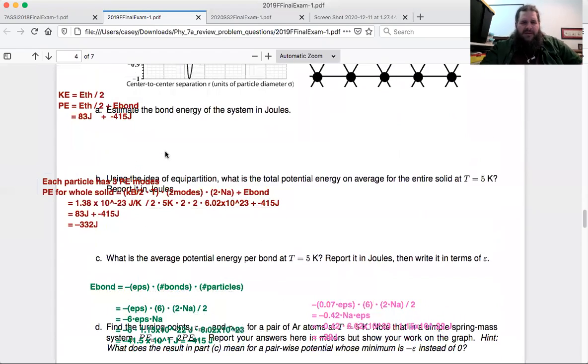But now we want to find the potential energy per bond. We have the total potential energy of the whole system, negative 332 joules. How do we change that into potential energy per bond?